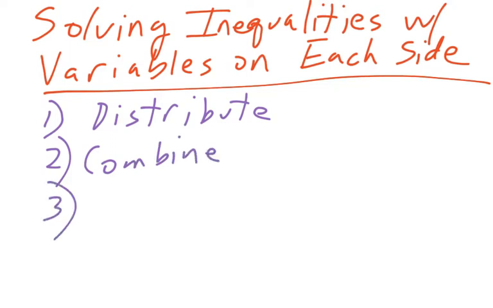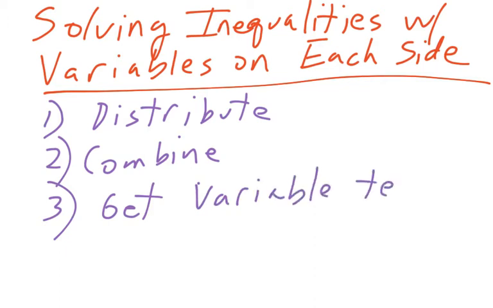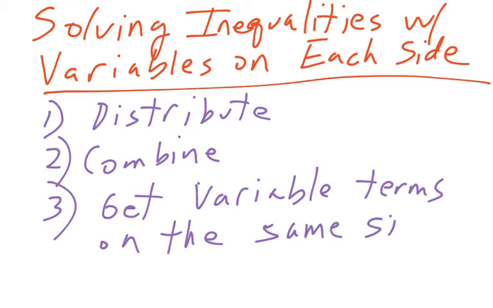And then the third step would be get variable terms on the same side. That way you can combine them. Okay, so we're going to focus on step 3 for this lesson.